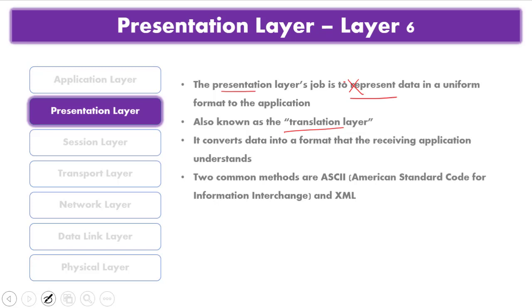The two most common formats are ASCII, which is the American Standard Code for Information Interchange, or XML. XML is Extensible Markup Language. I'm not sure if they'd want you to know that in the exam, but you can check the glossary at the end of the syllabus.